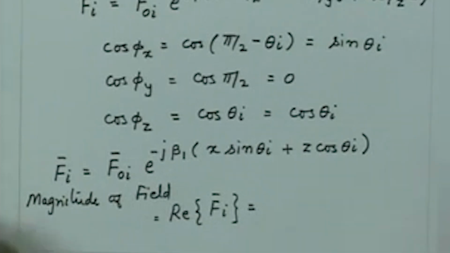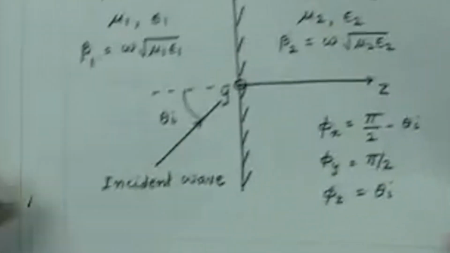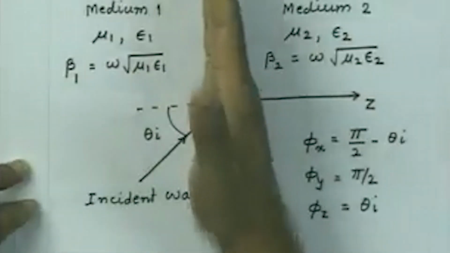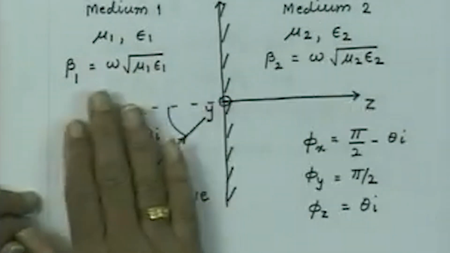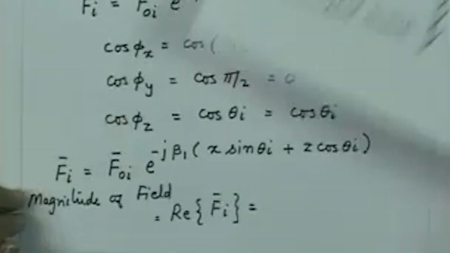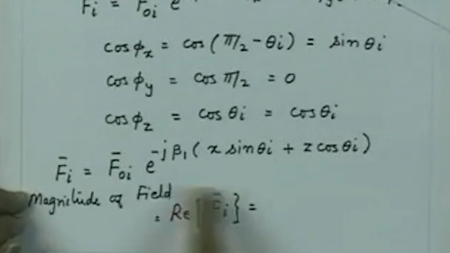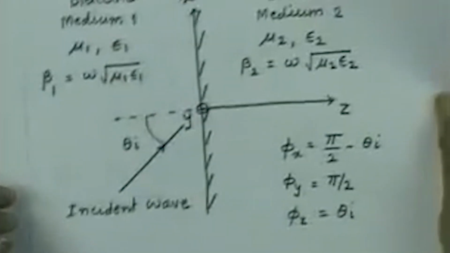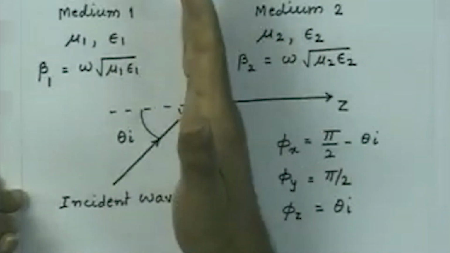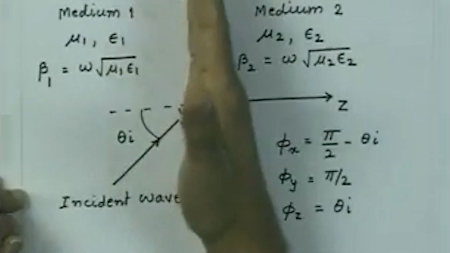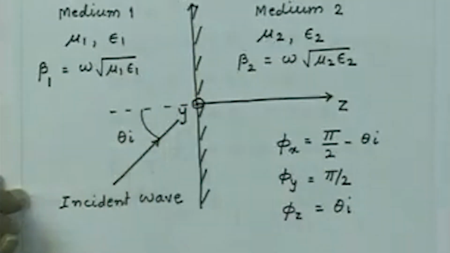Let us say I am interested in finding out what is the variation of the phase in the media interface. So, I am not worried about how the phase is varying in z direction. Yes, it has a phase constant which is beta 1 times cos theta I, but at the moment let us say we want to find out what is the phase variation which I am going to get at the interface when the wave is incident at this angle.